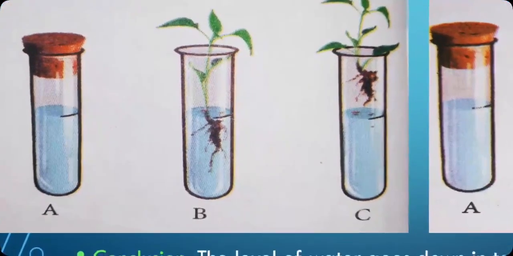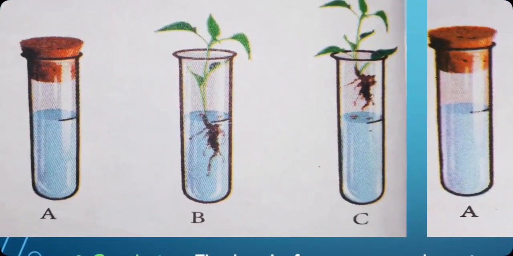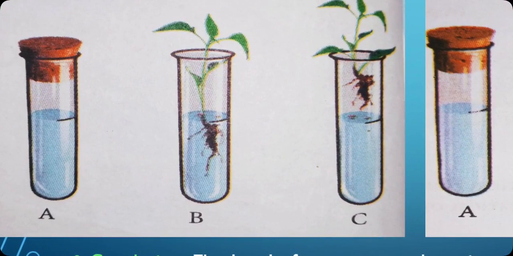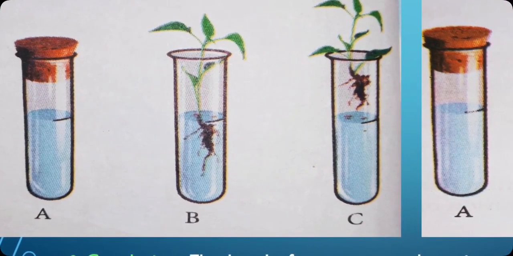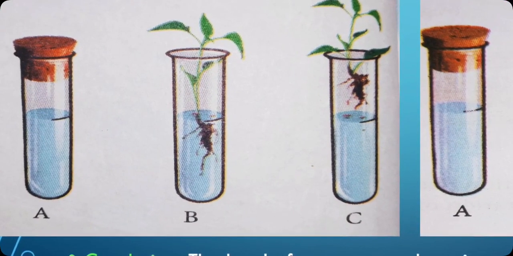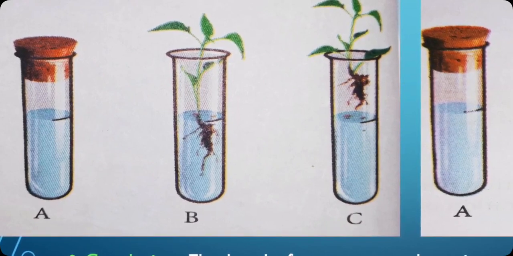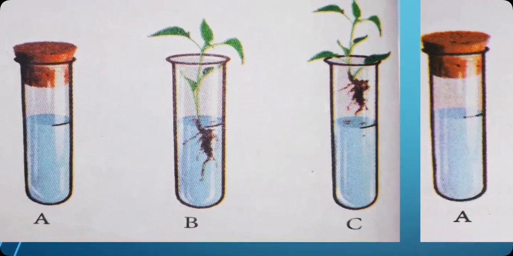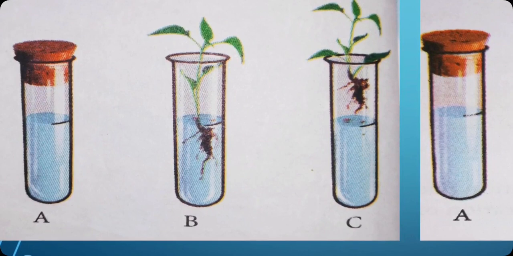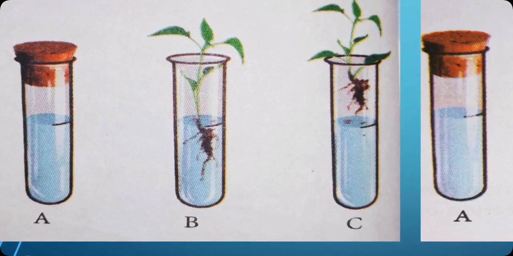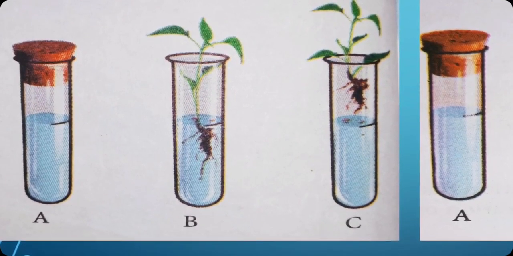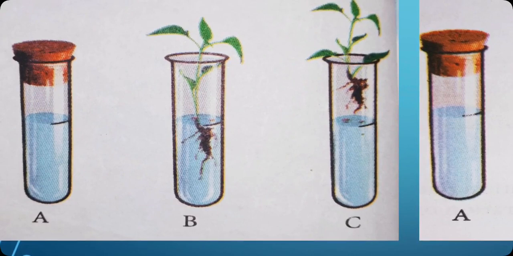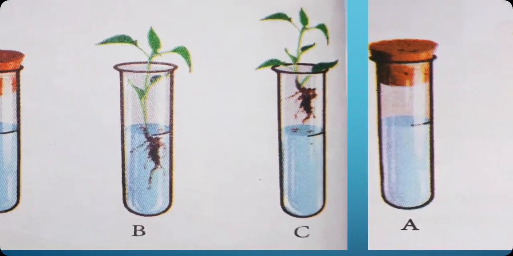Then in the second one, you have to take water in the same quantity as in A. In B and C, you have to put water in the same quantity. And in B, you have to put a small plant along with its root, and also a few drops of oil.